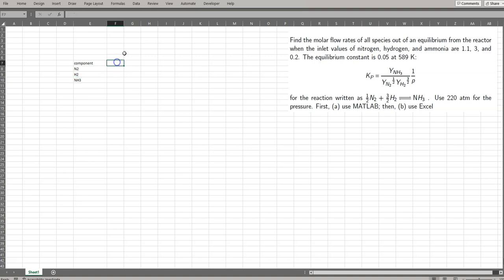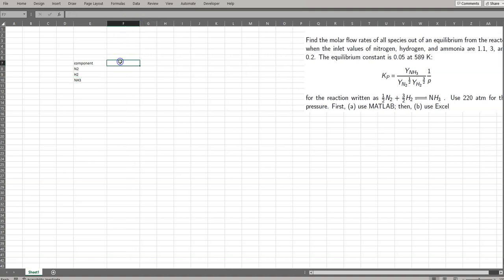Then the inlet molar flow rate, which is given as 1.1, then 3, and then 0.2. So now what will be the total? The total will be the sum of all three.